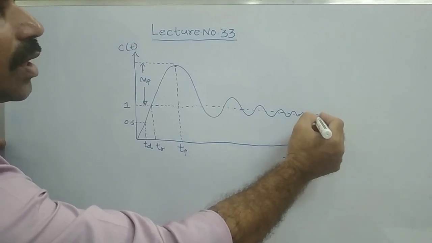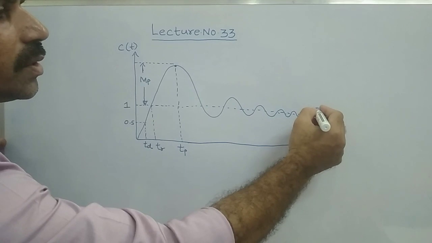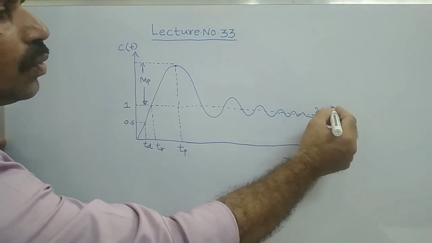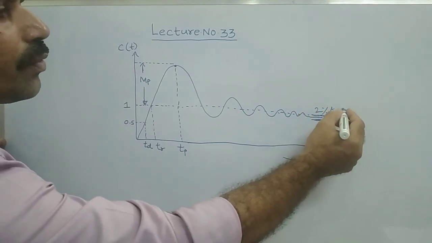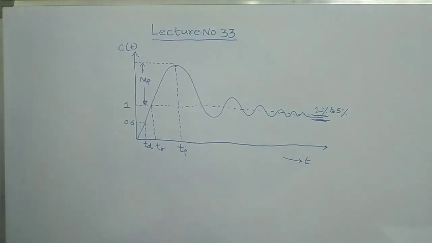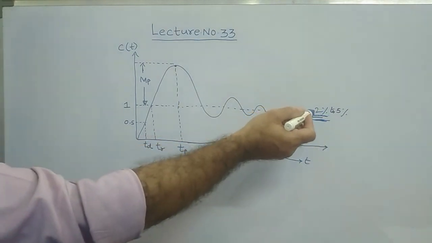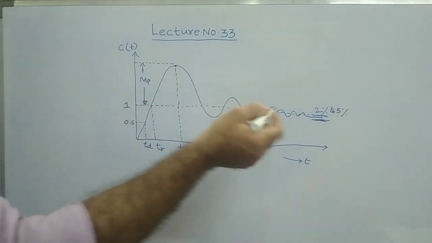Normally this can also be called the error band. Normally this is 2% to 5% of tolerance. Actually, the tolerance band has the values 2% to 5%.